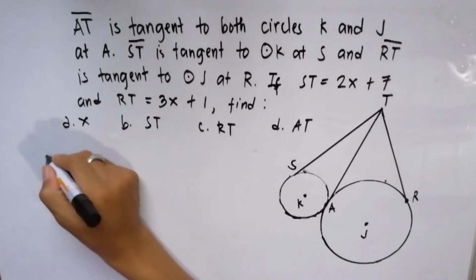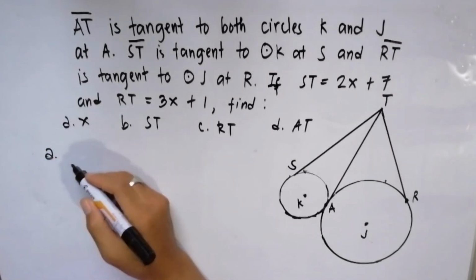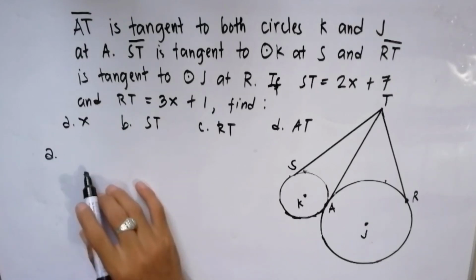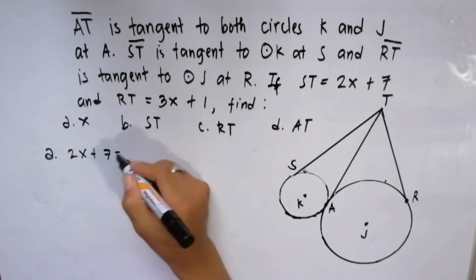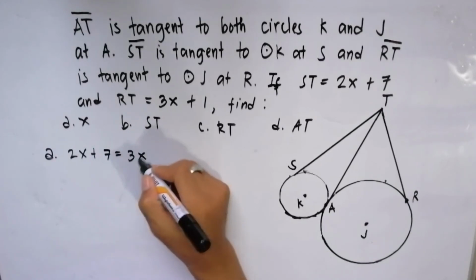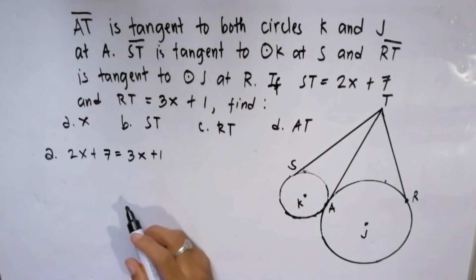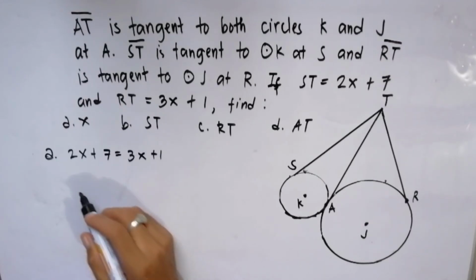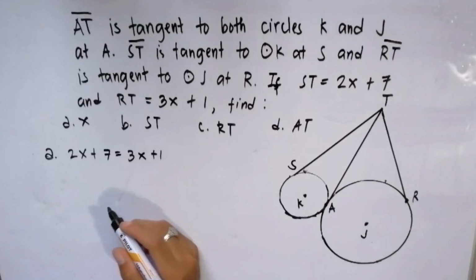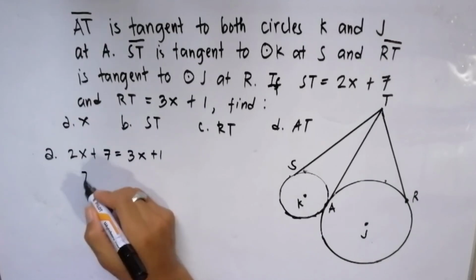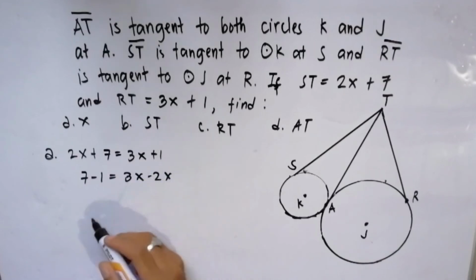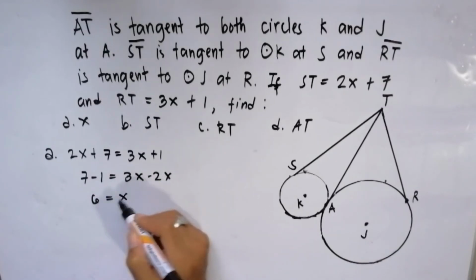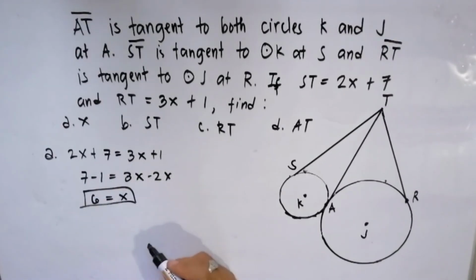So for A we have 2x plus 7 is equal to 3x plus 1. So, by applying the addition property of equality, that is 7 minus 1 is equal to 3x minus 2x. So, therefore, x is equal to 6.